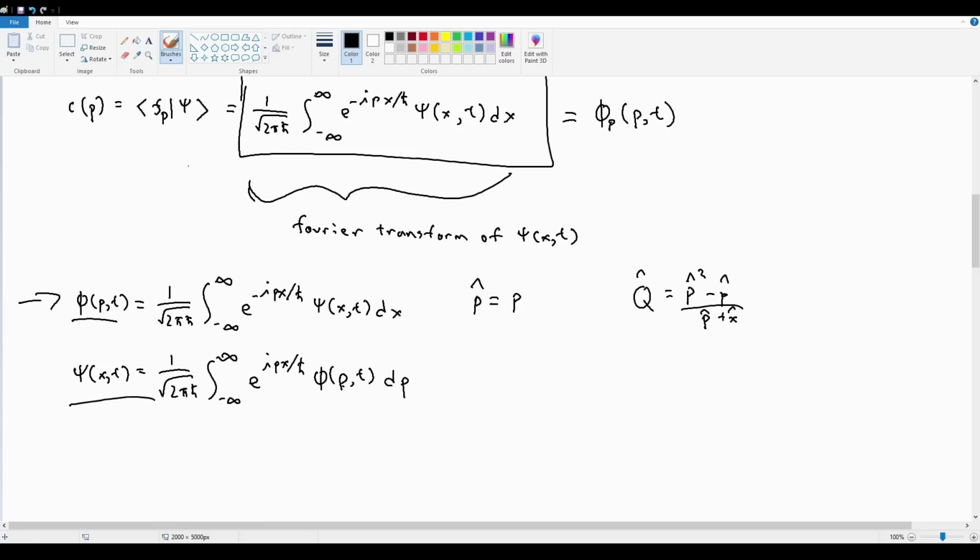So with that, let's move on to an actual example, and after that, we will finish up and start working on the problems.